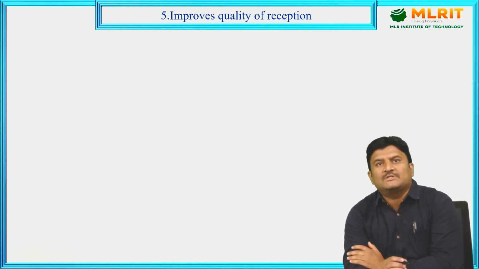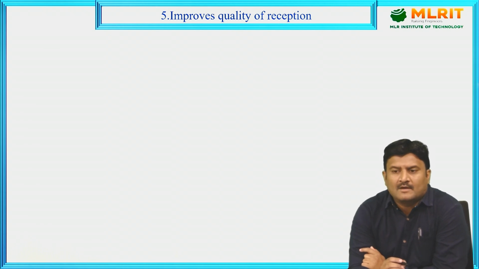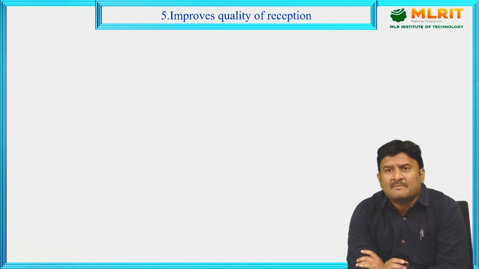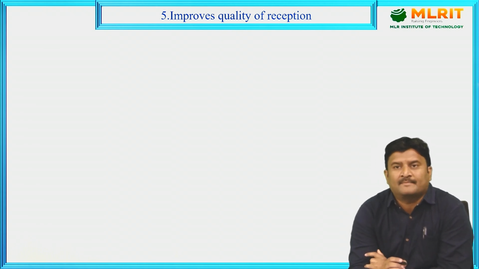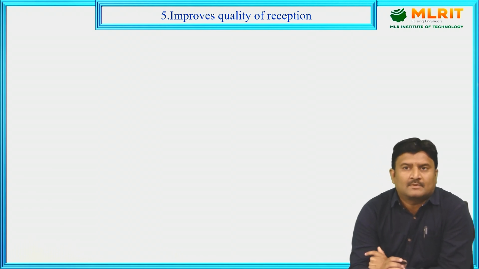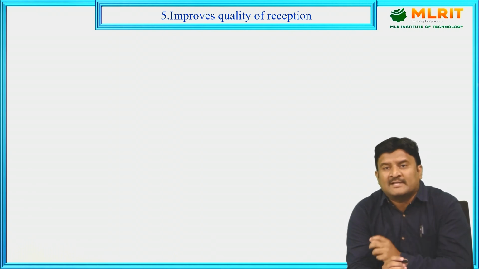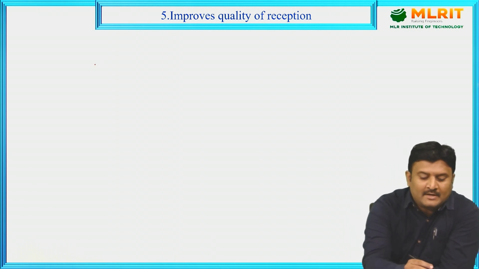The next one is improves quality of reception. Especially when you observe the digital modulation schemes, either PCM, by using sampling and quantization process, we are reducing the distortion levels. For example, the amplitude level should be 1.25 volts or 3.08 volts.